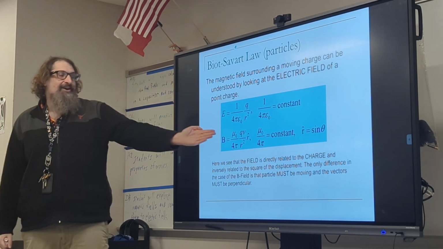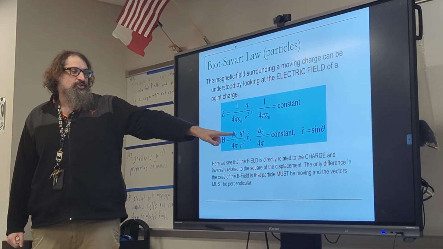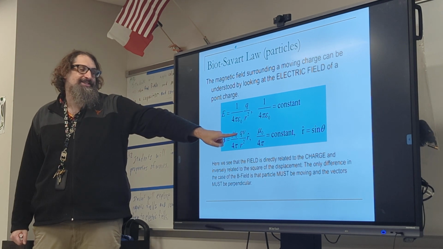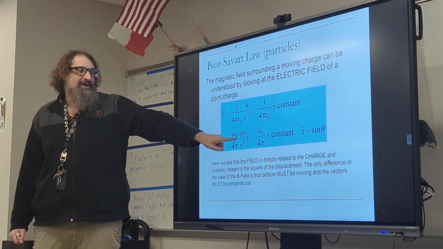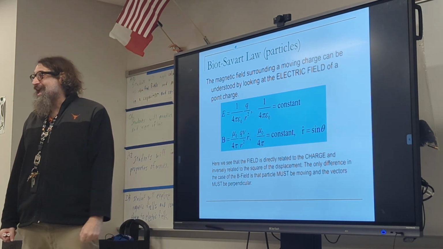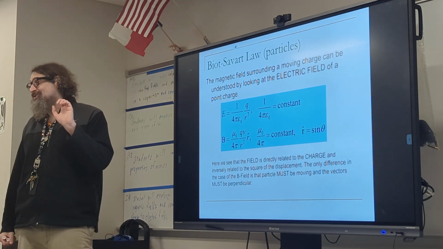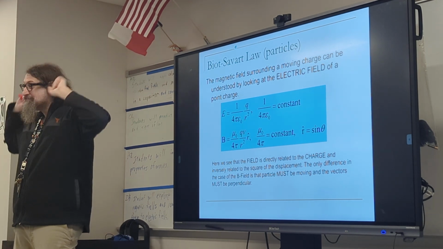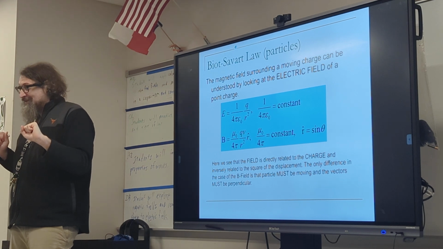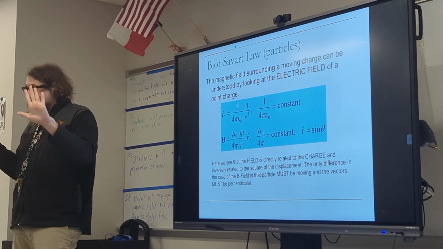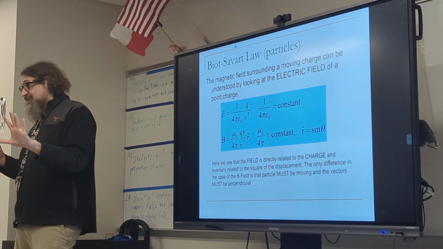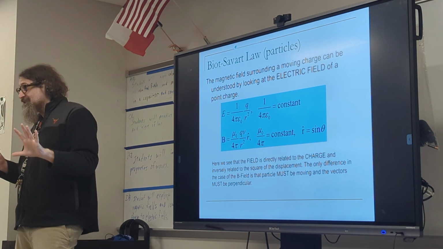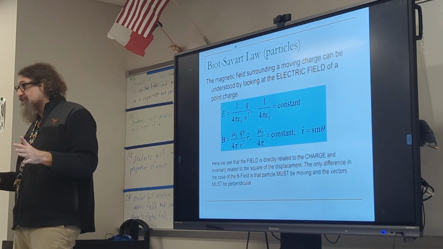It is a constant times a charge times its velocity over a radius squared times sine of an angle, and this is the angle the velocity and the radius make. This is not on the equation sheet. This is just the fundamental equation.